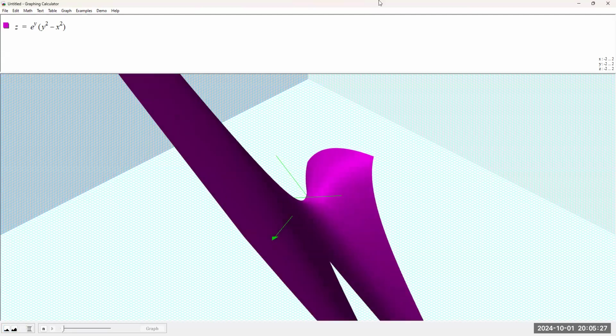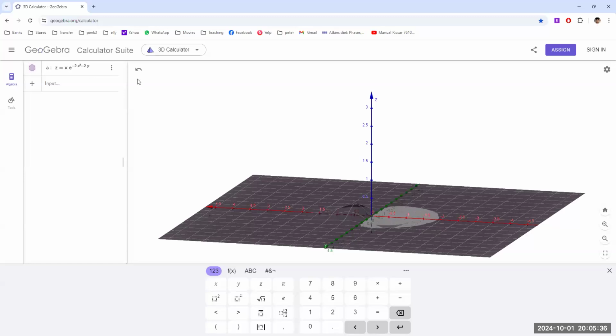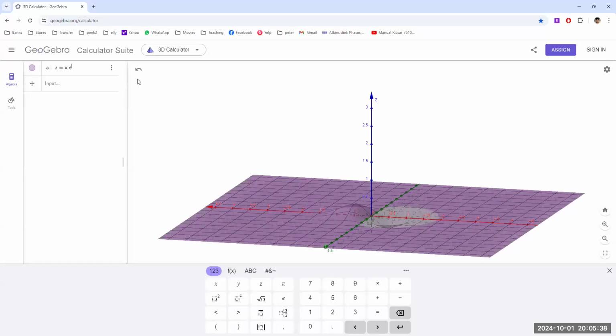Oh, not a nice view. Let's see another way. Let's see GeoGebra. So C equals e to the y times y squared minus x squared.